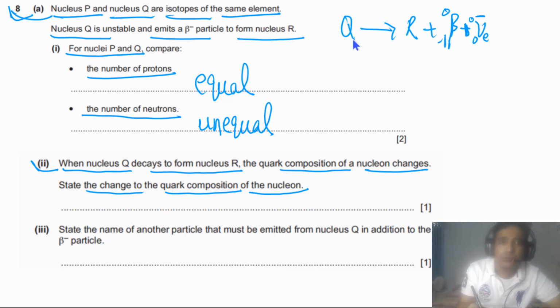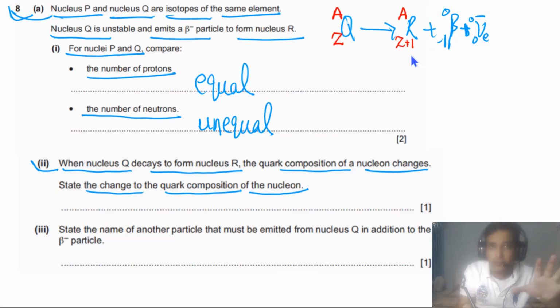Now we can assume atomic number of Q is Z, mass number is A. So the atomic number of R has to be Z plus 1, because charge has to be conserved in any decay, and mass number will be A. Z is representing number of protons, and here we have Z plus 1, meaning number of protons increases. It simply means that one neutron decays into one proton.